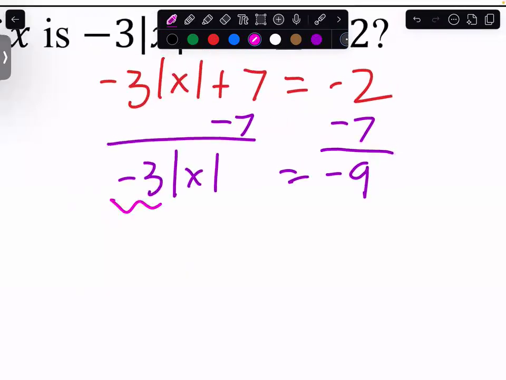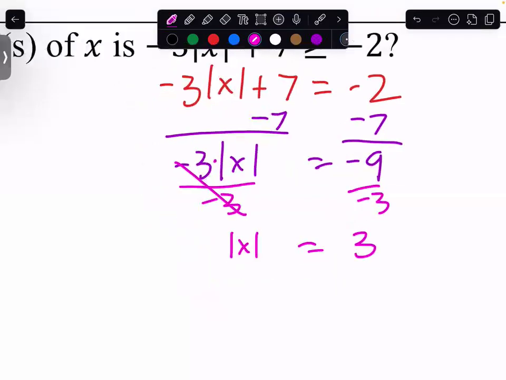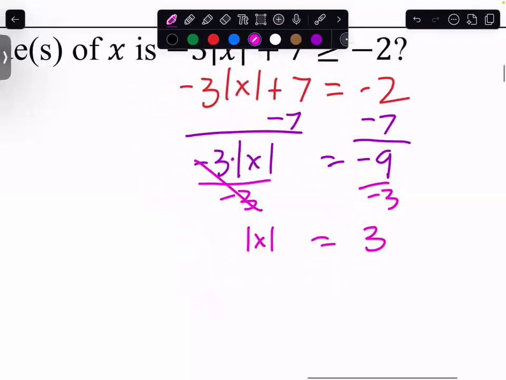Okay, so remember, this is not subtracting 3. This is a -3 that is touching the absolute value, so it's currently multiplying. So the opposite of multiplying by -3 is dividing by -3. Okay, so absolute value of x equals 3.